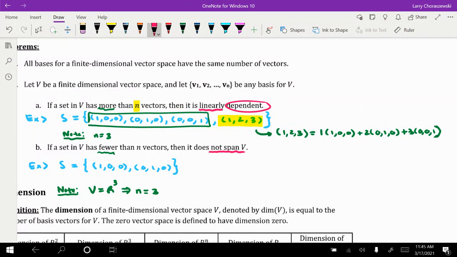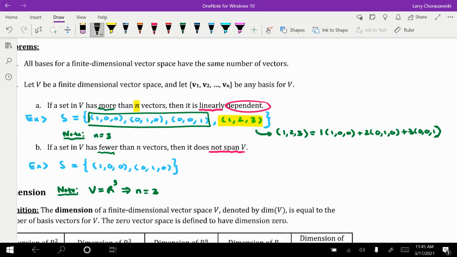I would say because no matter how you combine the two vectors in S, the third component will always stay at the origin, so you won't be able to span vertically in the third dimension. Perfect, that's exactly right.